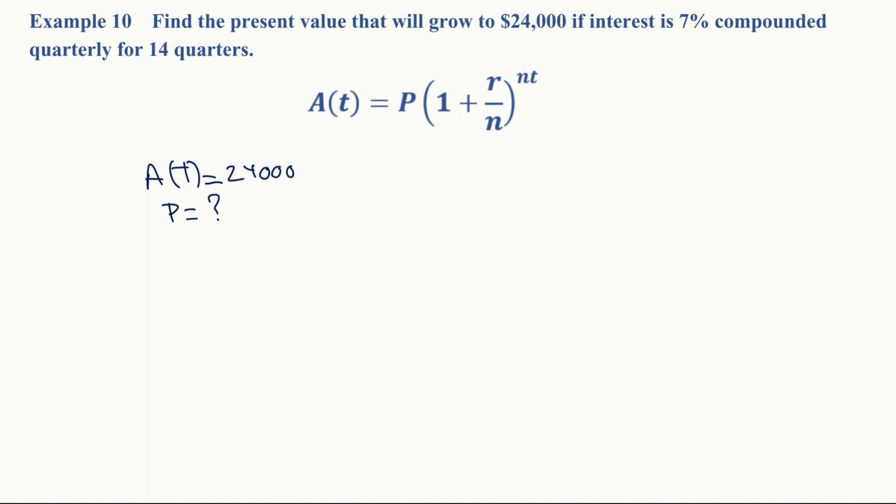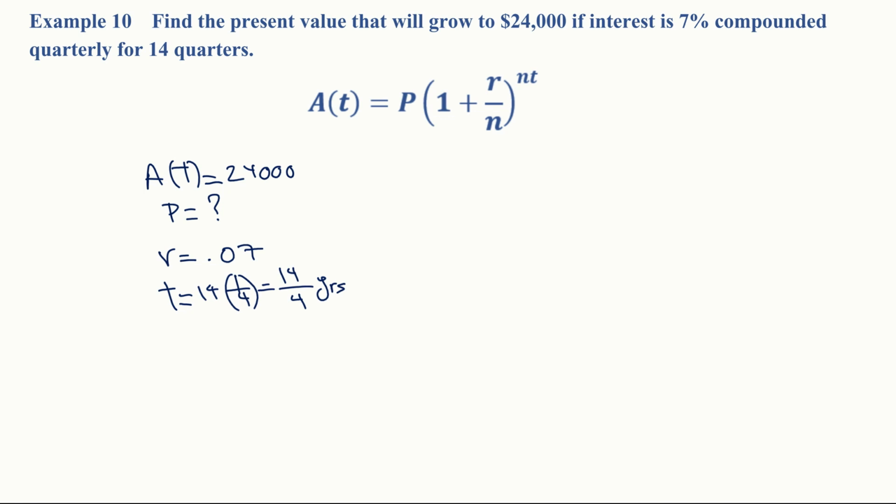We know R, 7%, so we're going to use 0.07. And for the number of years, T, we know that it's going to be 14 quarters, right? So basically 14 over 4 years.